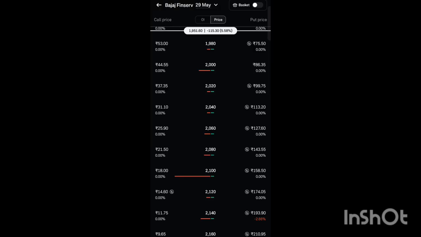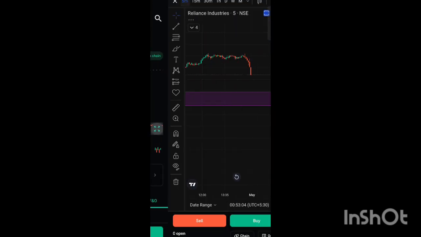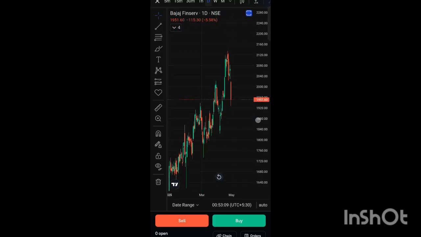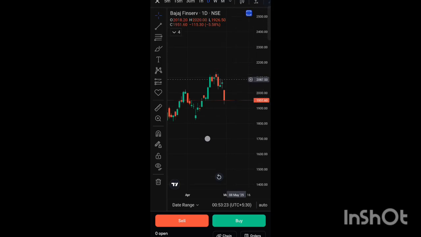Whenever you start marking this zone on your chart, then you can watch how it works. When 2100 came, price started facing resistance. You can watch also on the option chain. Look at this chart. If we switch to the 1 day time frame, then you can also watch that once 2100 was hit, price started consolidating. Then after the consolidation, price started correcting itself.